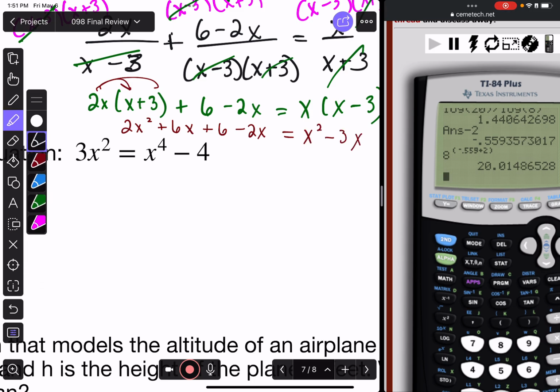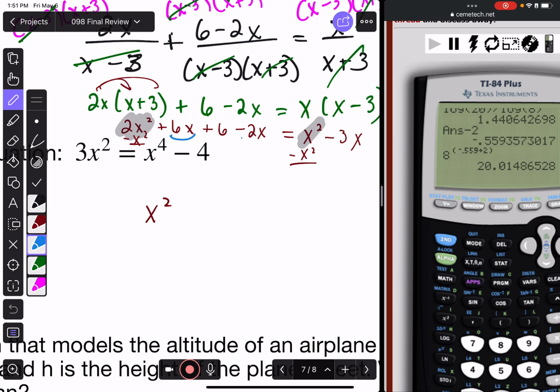Let's look for some like terms here. Well, I want my x squareds on the same side, so I'll subtract it from the right and the left. See, I got 6x, take away 2x, that's 4x's, but I'm going to add 3x more to it. That's 9 minus 2, so that's a total of 7x's.